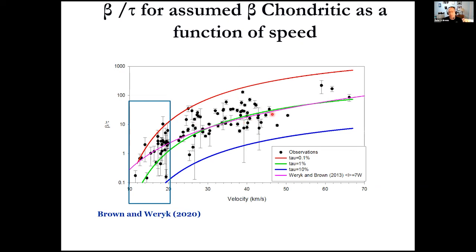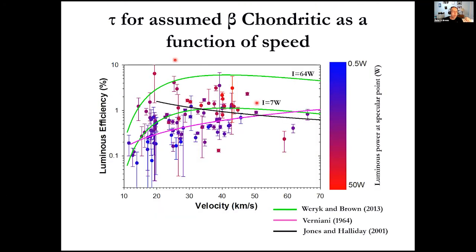I can transform this into something more familiar, that is the luminous efficiency. Here's my luminous efficiency, and here are my older events as a function of velocity and also luminous power. Up here I'm at 7th to 8th magnitude, and here I'm at 3rd to 4th magnitude. You'll see there still is a trend that the higher luminous intensities tend to go with higher luminous efficiencies.